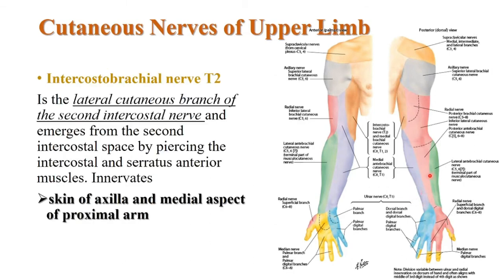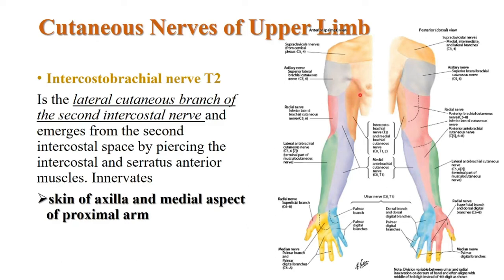Then there is another nerve, the intercostobrachial nerve, which has fibers of the second thoracic nerve. Actually, it is a cutaneous branch of the second intercostal nerve. It supplies the skin over the axilla and the upper portion of the medial aspect of the arm.